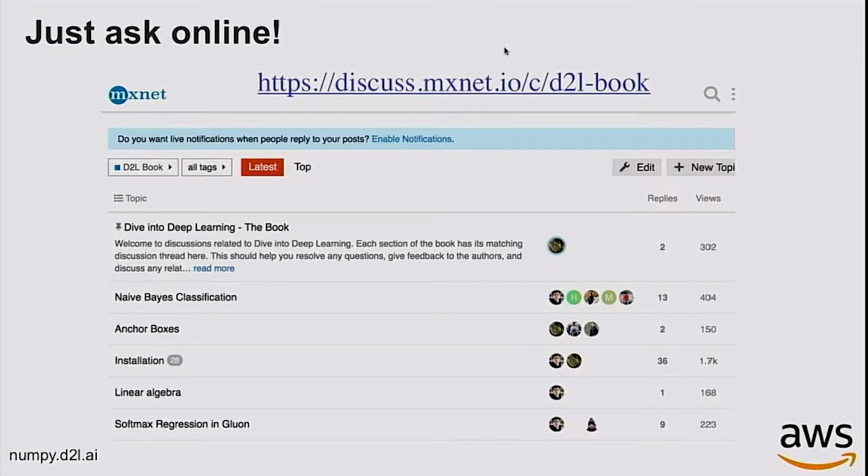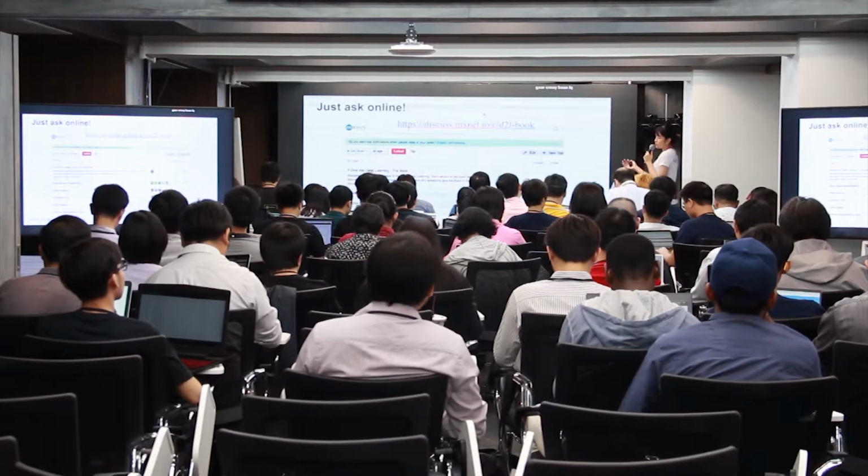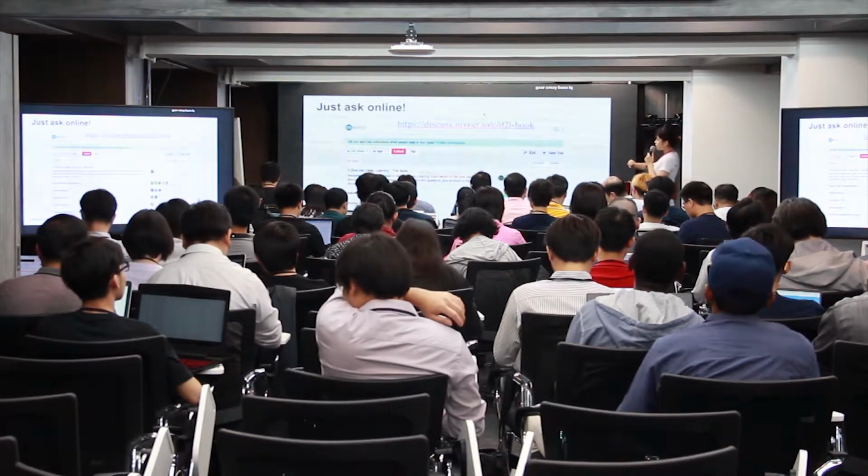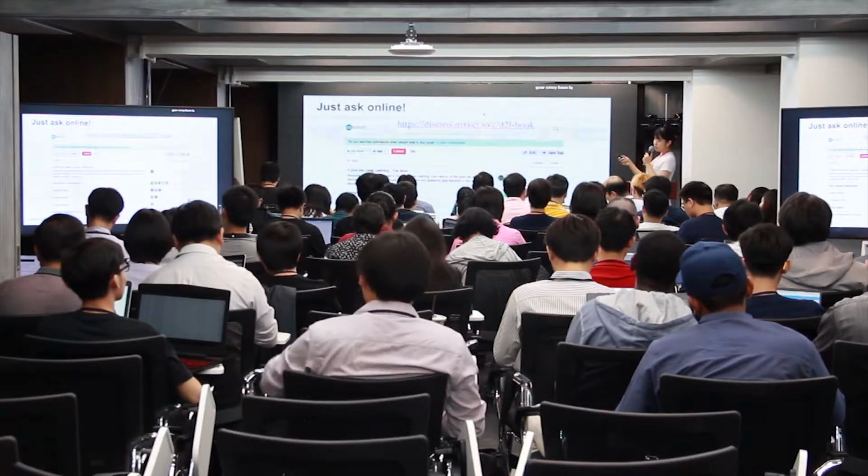You will see that people are asking about naive Bayes classification, or installation is pretty popular. Lots of people ask why they cannot install some package. And there's a softmax regression issue. So any issue with either math or models or coding, you can ask it online. And this is the link for that, discuss.mxnet.io.